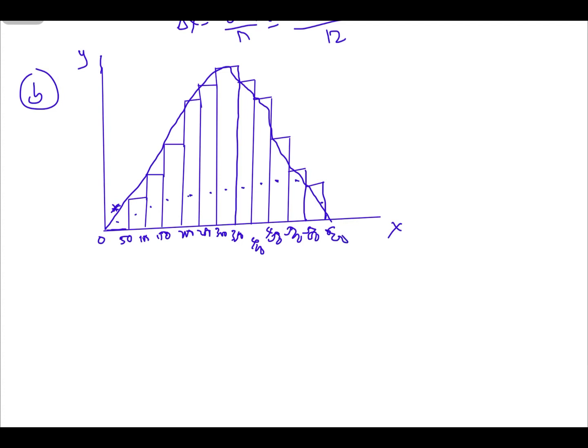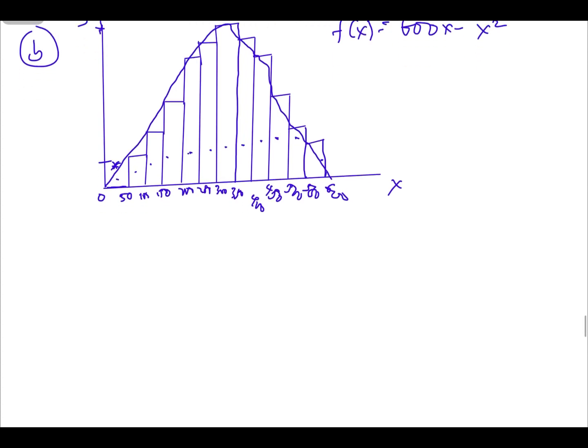And then this is what I have here. So if you have been able to evaluate for the value of y using the function f of x equals 600x minus x squared, you will be able to also label this part as well. So I'll leave that one to you to label as well.